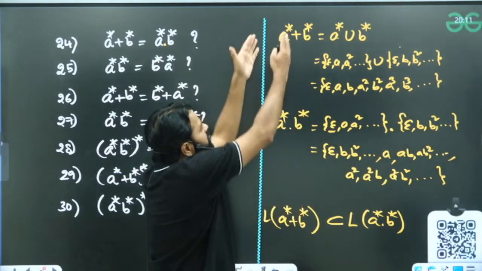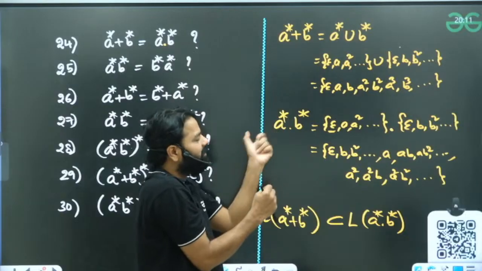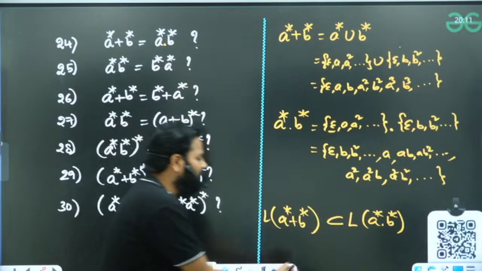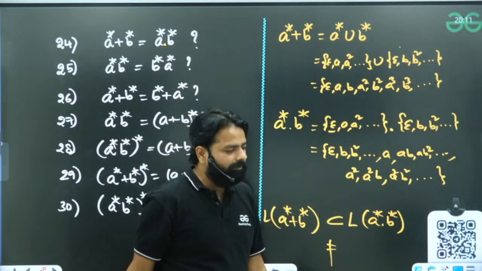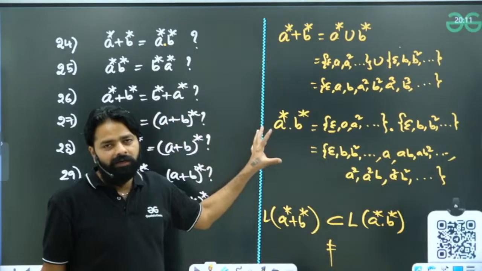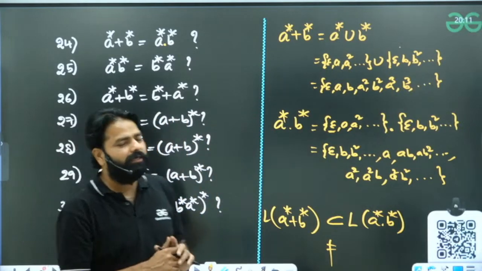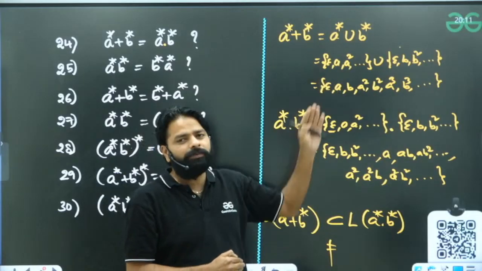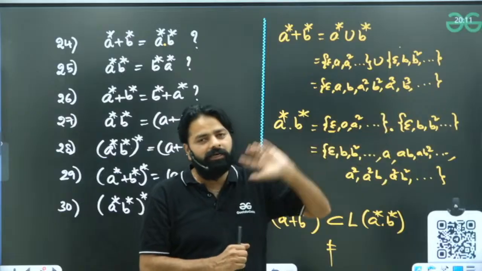So all the strings of A star plus B star are there inside A star B star. That is the actual relation; they are not equal at all. Got the point? This is how you understand each regular expression. Just by looking at it, at the beginning it is really difficult, so you need to evaluate each expression to understand what strings are there. Okay.